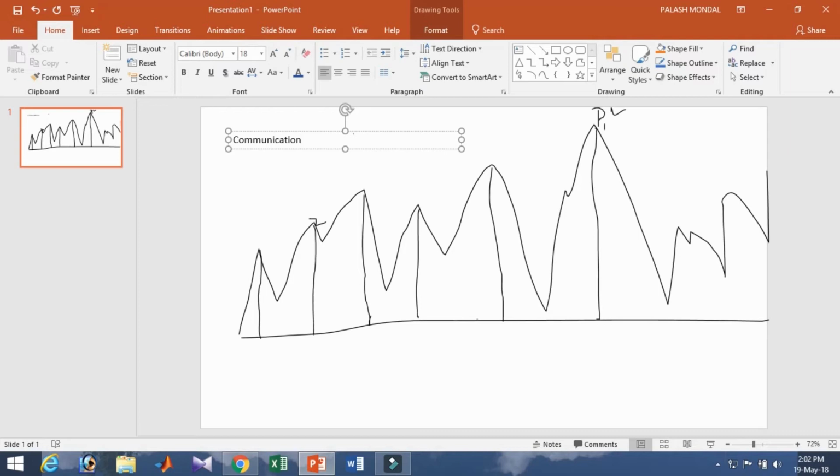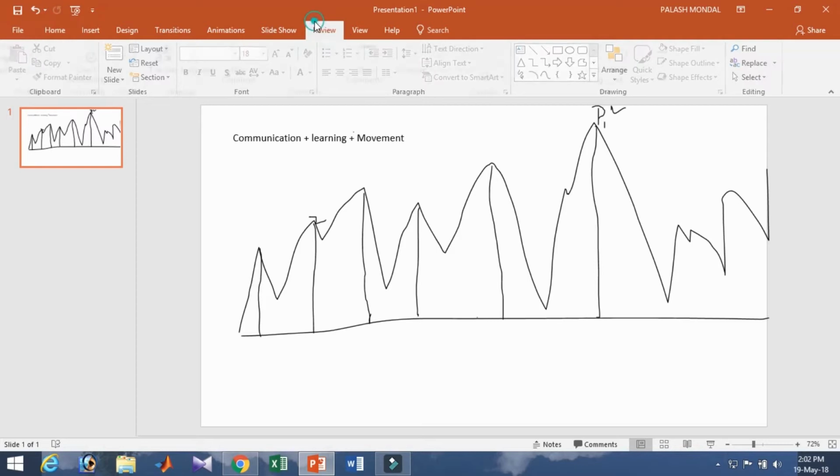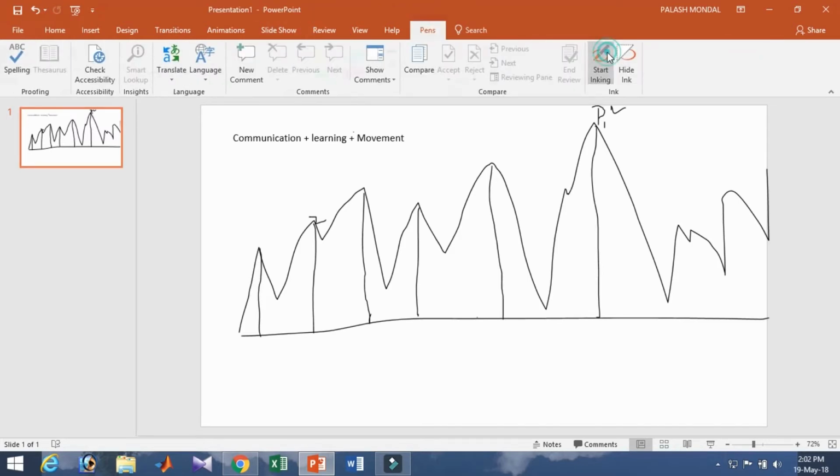They make communication first, and from the communication they learn, and then their movement. In this scenario, they come to the decision that they are on the highest mountain. Obviously, these three components lead to the decision that P1 is on the highest mountain.